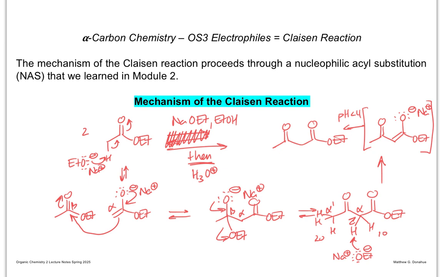So the deprotonation of that CH2 group. So this is a special type of CH2. Historically, it's called active methylene. So active methylene means you can use a pretty weak base to deprotonate it. You know, a base derived from an alcohol.